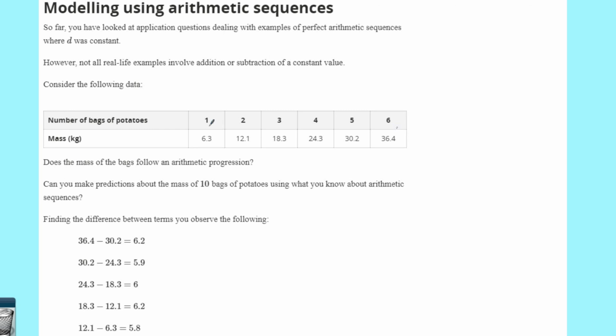Like most science, the data that you get is not going to be that obvious. Do your differences. You take the second term minus the first, and you should get the same difference as taking the fifth term minus the fourth. And that's what they did here. They found all the differences, and notice that it's all pretty darn close to each other. So it almost follows this arithmetic sequence.